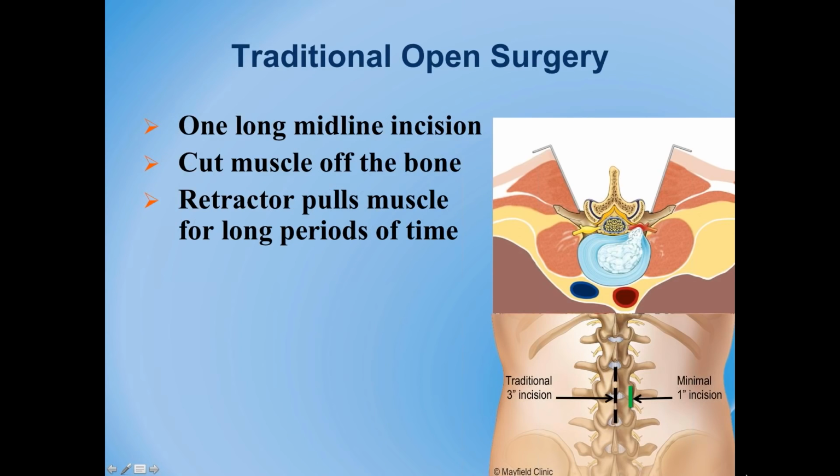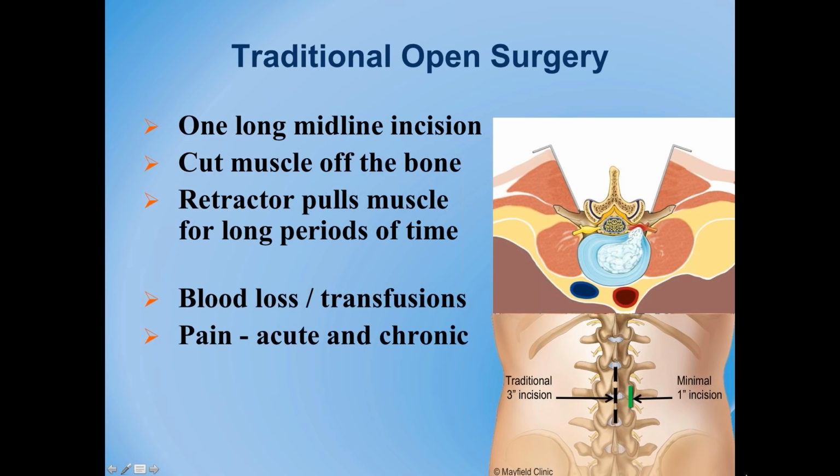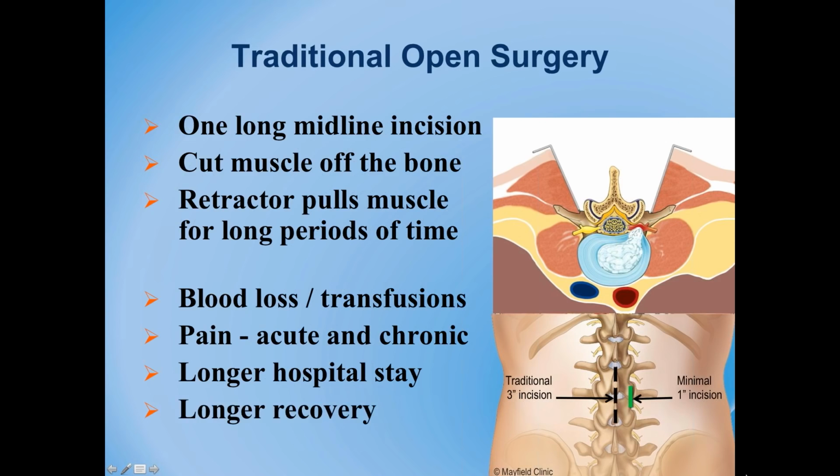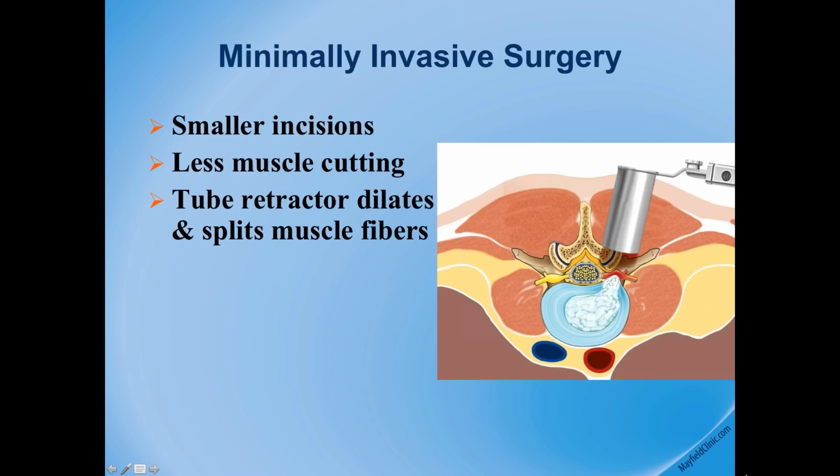If we look at a traditional open surgery procedure, we usually perform one large incision along the midline of your spine. We would remove and peel the muscle off the bone and maintain this exposure of your spine with a retractor for a long period of time. Once again, the side effects or downsides to a traditional operation would be increased blood loss that may result in transfusions, surgically related pain, longer hospital stays, and longer recovery.